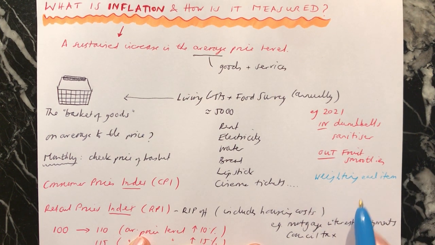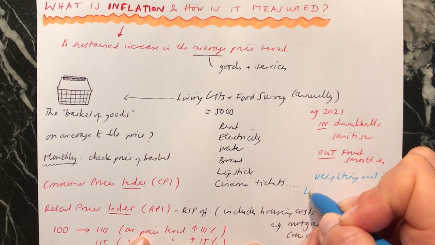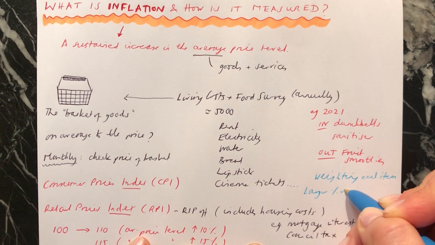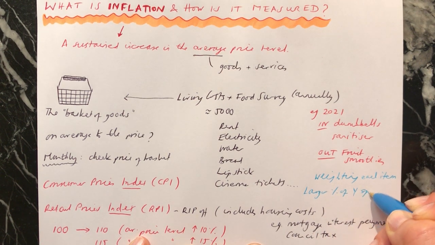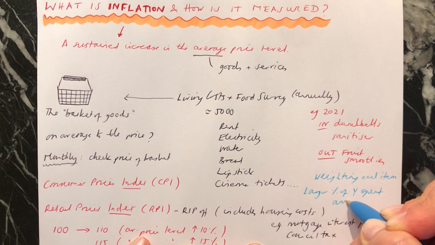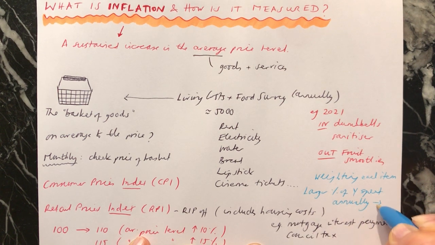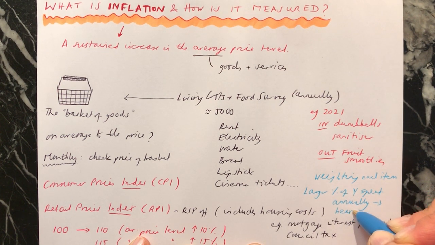And if a larger proportion of household income is spent on the product in each year, it will have a heavier weighting. So a larger percentage of income spent annually gives a heavier weighting.